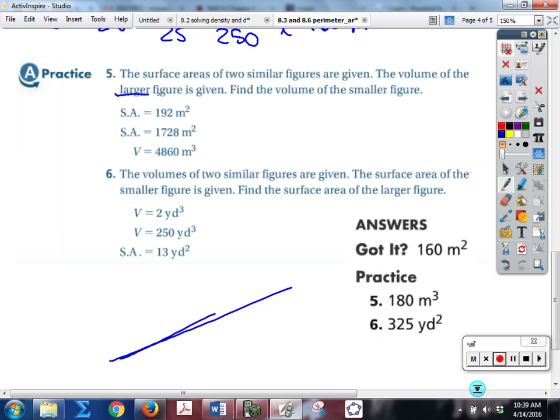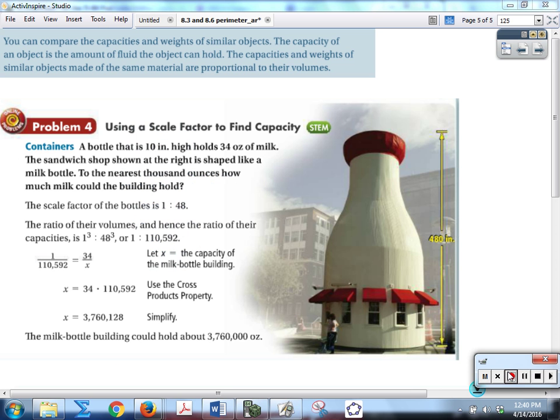Here is this giant store, and it is the exact shape of a regular milk jug, times bigger. So the real milk jug is one-dimensionally 1/48 smaller. So their volumes are going to be cubed, right?